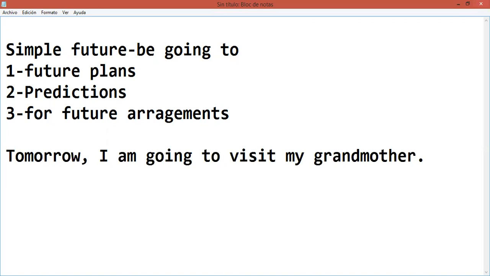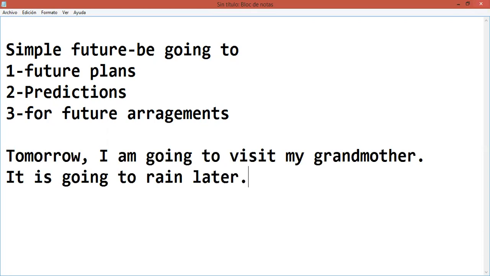For example, it is going to rain later. What are you saying? That you think that it's going to rain. Why? Because you are seeing the sky, and also because yesterday it rained a lot, so today it's going to rain too. Okay, that is a prediction.